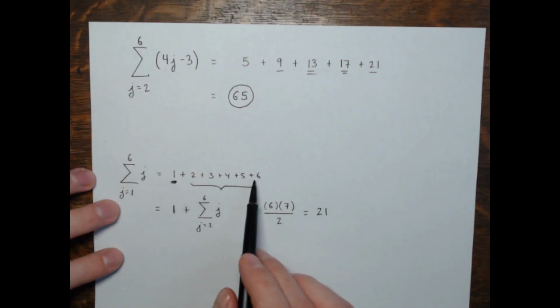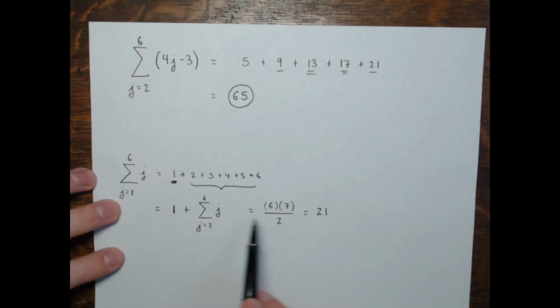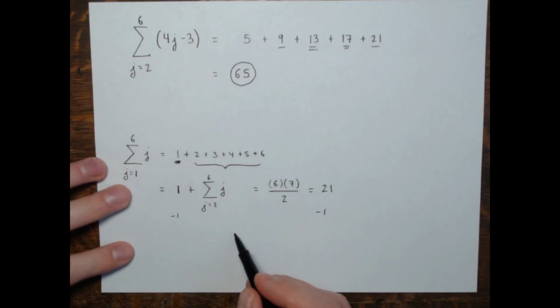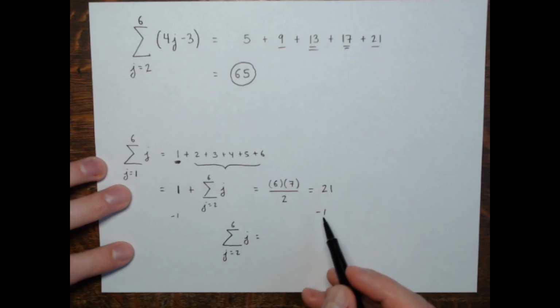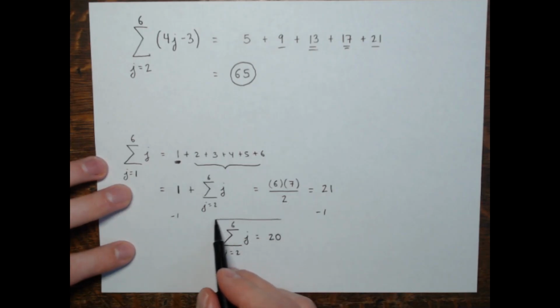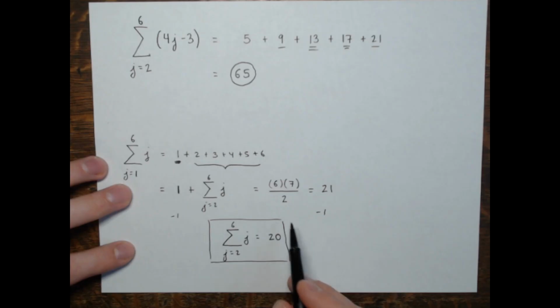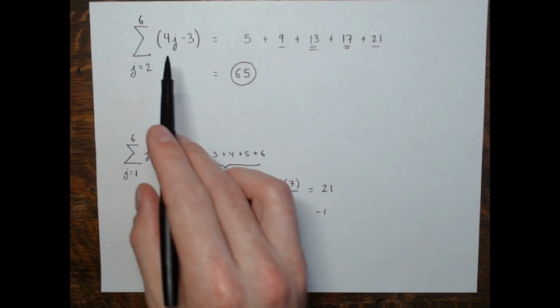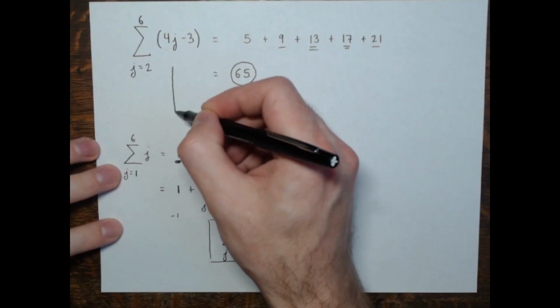That means the sum from 2 to 6 is 21 minus 1, right? I would subtract 1 from both sides here. So the sum from j equals 2 to 6 of just these j to the first power terms would be 20. This isn't the answer or anything, but I can use this when I go about applying properties.